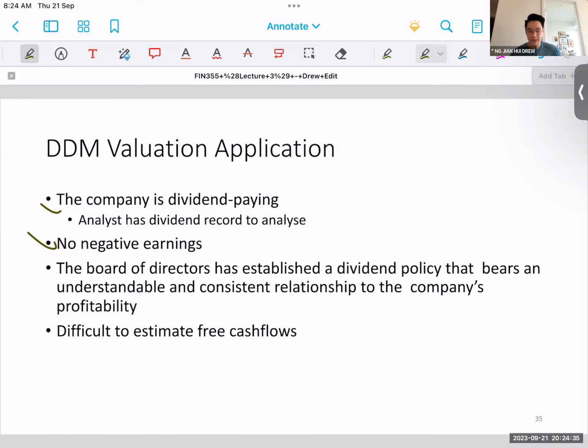At the same time, the dividend policy should be consistent with the profitability. It shouldn't be that the company is making losses but still paying a lot of dividends. If you see a company like this, then maybe you shouldn't use the DDM model. Maybe you should use the free cash flow to the firm, right?